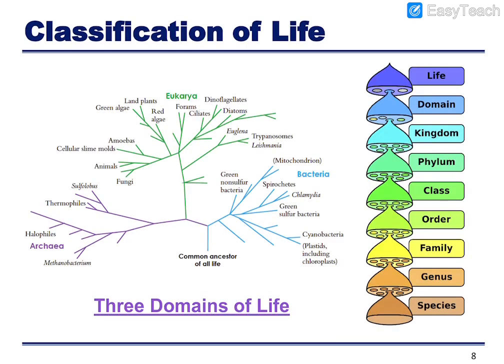No matter what kind of life we're talking about, whether it's archaea, eukarya, bacteria, you, me, or your dog, when we're classifying organisms, we're using a system of taxonomy in which we classify life through species.